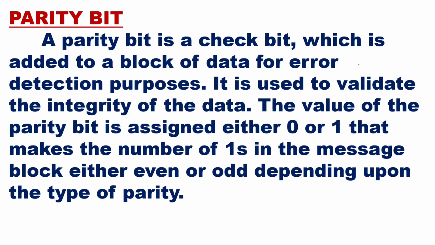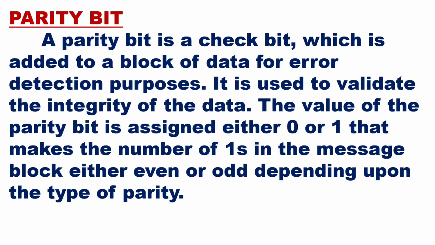The value of the parity bit is assigned either as logic 0 or logic 1. That makes the number of ones in the message block either even or odd, depending upon the type of parity.